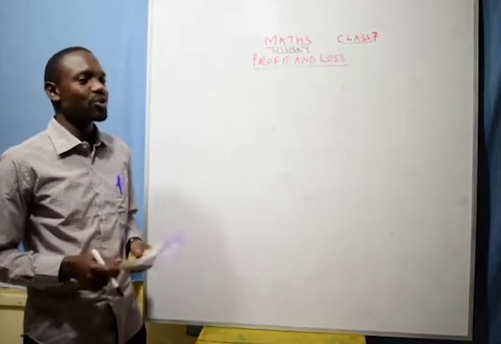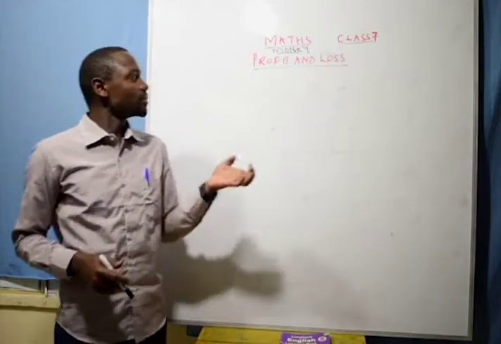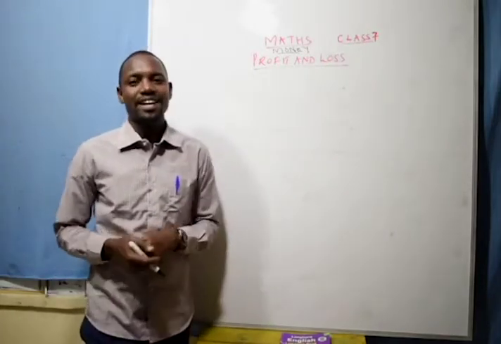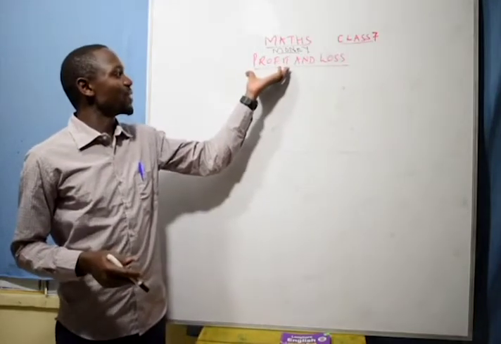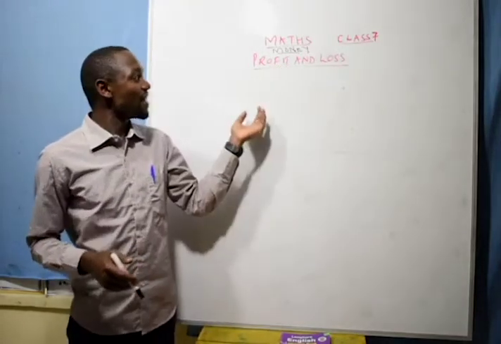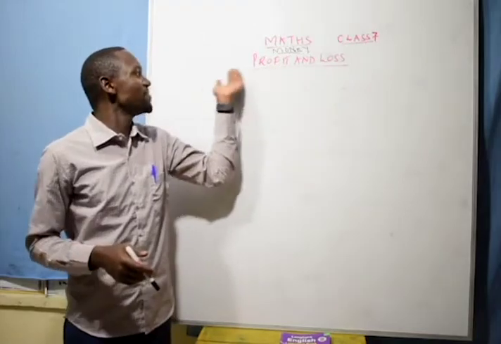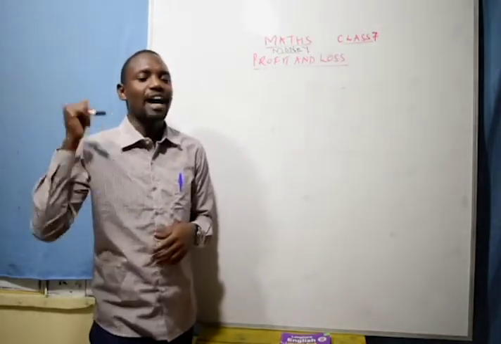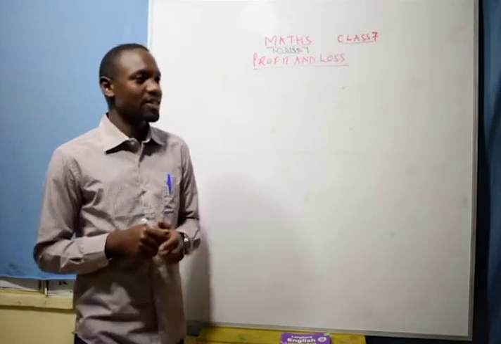Then I sell the book to you at 450. That means I've sold the book at a higher price than I had bought it, and that is whereby we get profit. On the other hand, loss is the inverse of profit. Loss is incurred when you sell an item at a lower price than you had bought it.